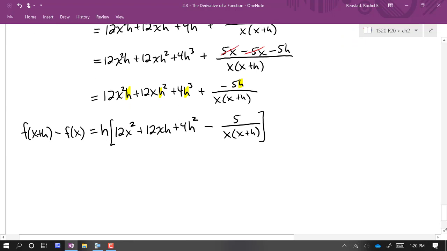All right, now let's set up this limit. So dy dx is equal to the limit as h approaches 0 of f of x plus h minus f of x all over h.